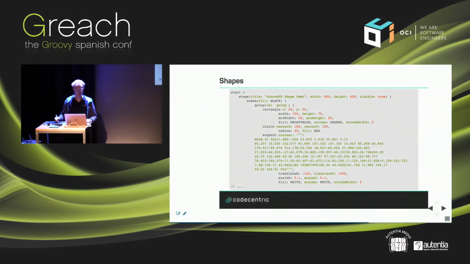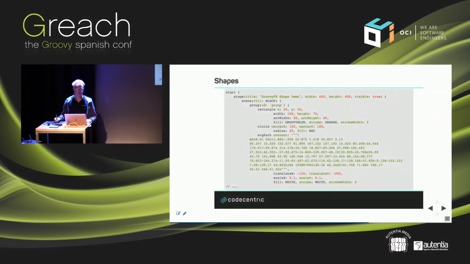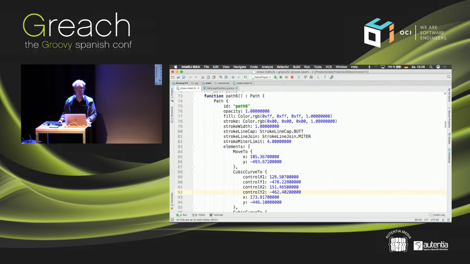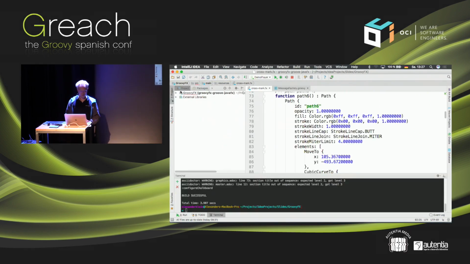For example, here I have normal shapes, like default shapes such as rectangles and circles, but you can also define an SVG path. Here you can just take this path, as it is, and copy it from an SVG file. I think I have one here.